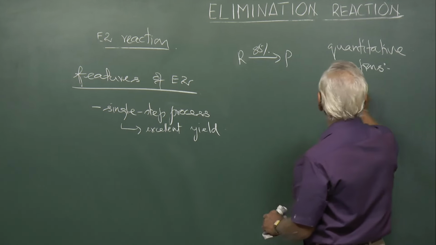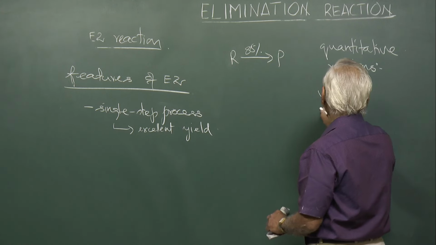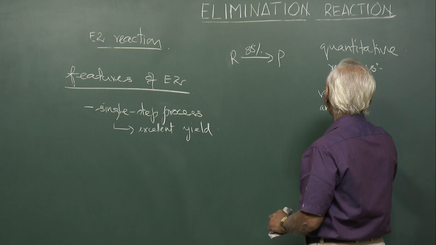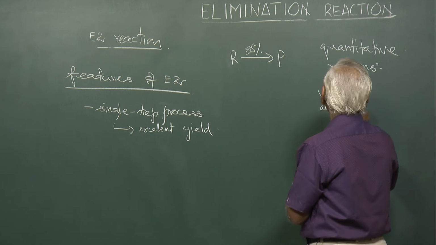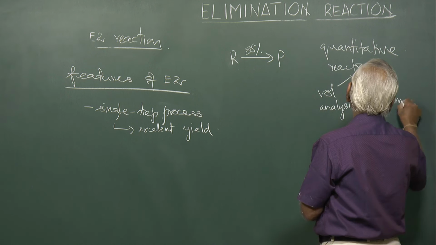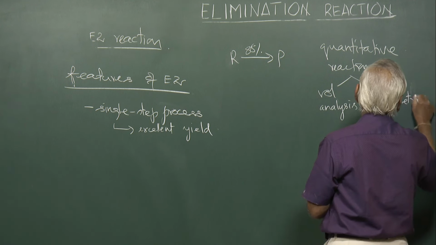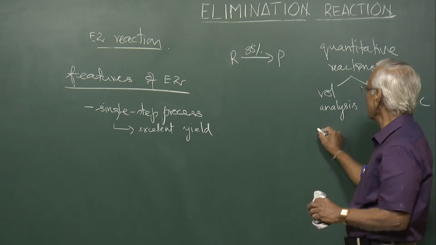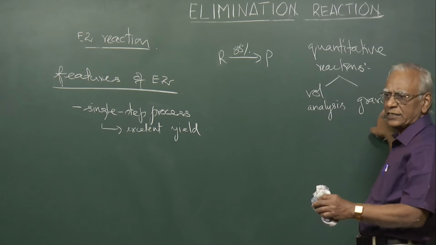Quantitative reactions could again be volumetric analysis and gravimetric analysis. Volumetric is based on the volumes of the reacting substances, gravimetric is based on the weight of the reacting substances.